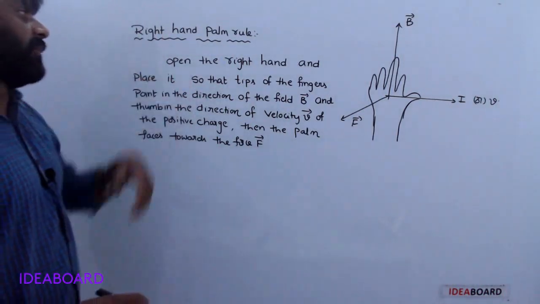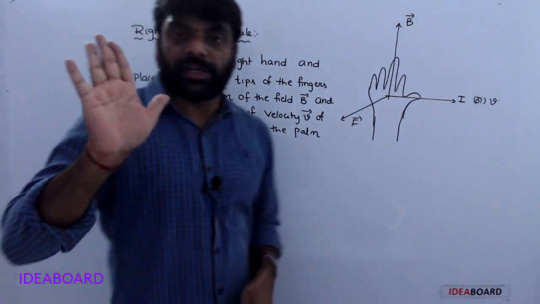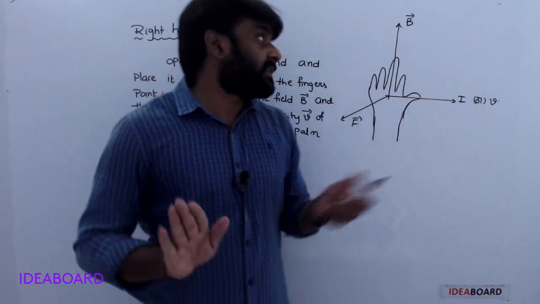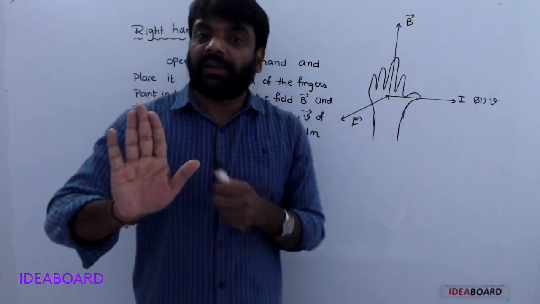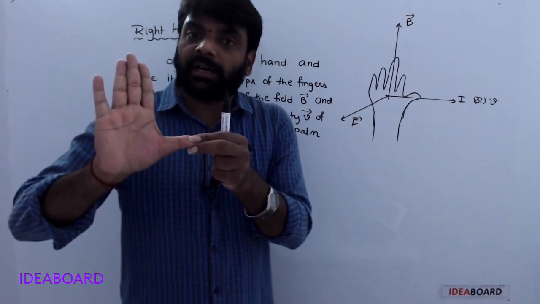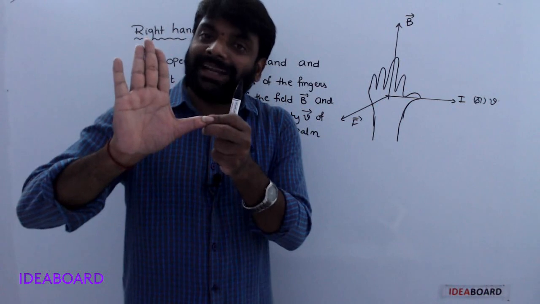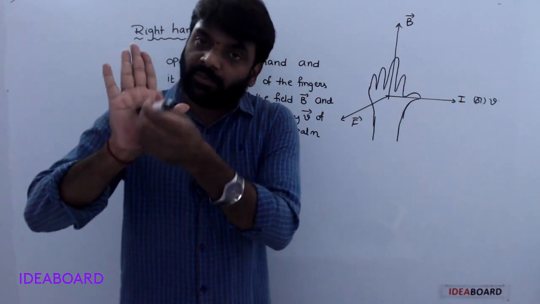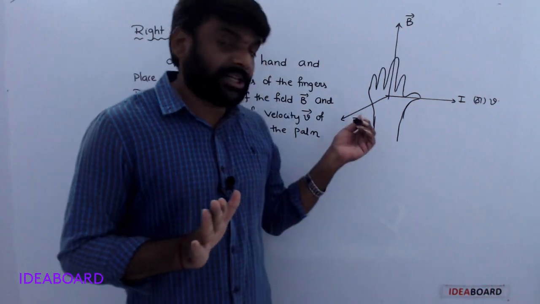Next, right hand palm rule. First of all, stretch the right hand. Now, these fingers in the direction of magnetic field, thumb in the direction of current or positive charged particle velocity direction. Now, this palm represents the force direction.